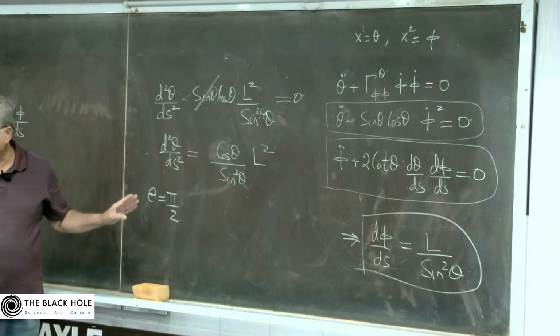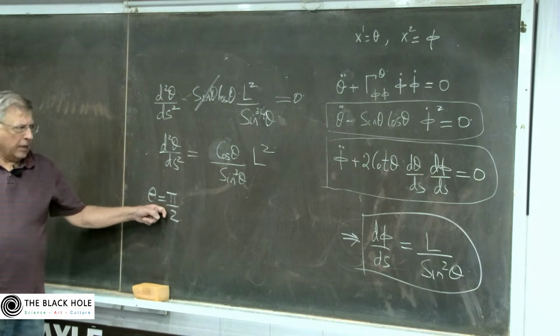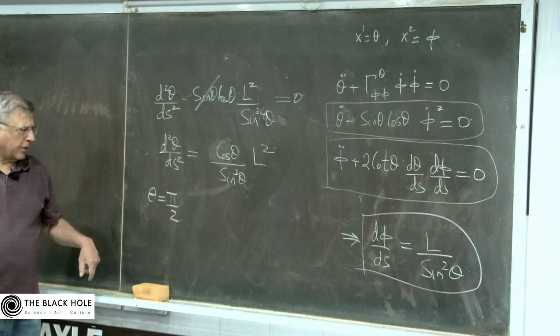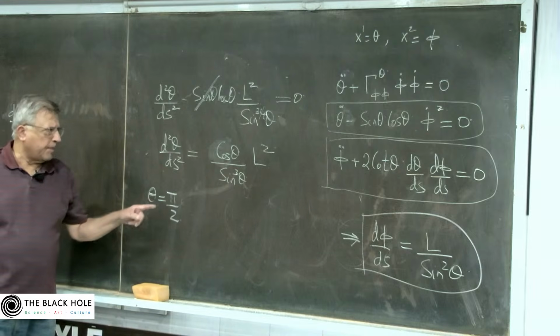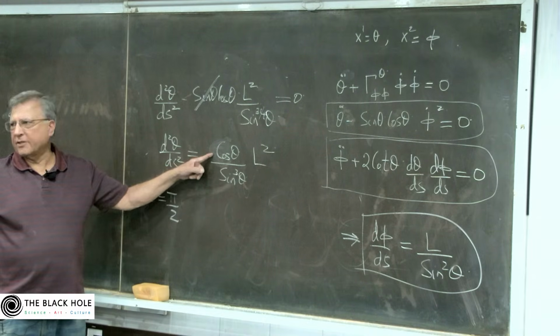Let's see if that is a solution. Let's see if theta equals pi by 2 is a solution. Okay. If theta is equal to pi by 2, then d2 theta by ds squared is equal to 0.